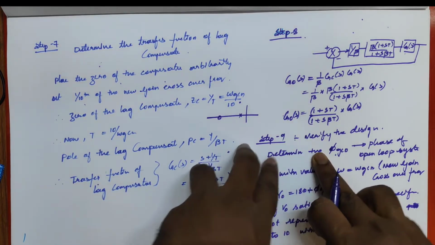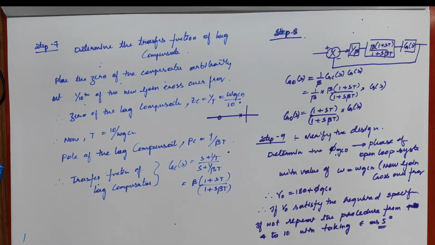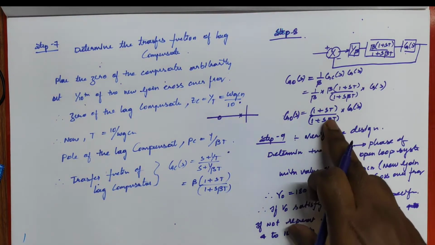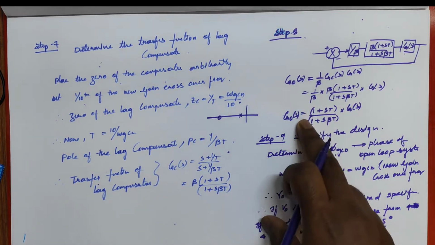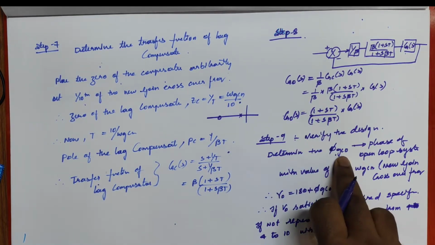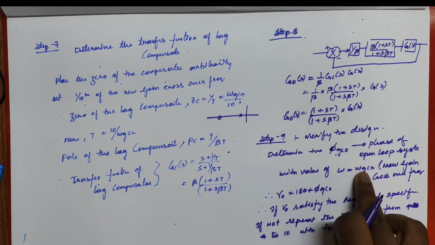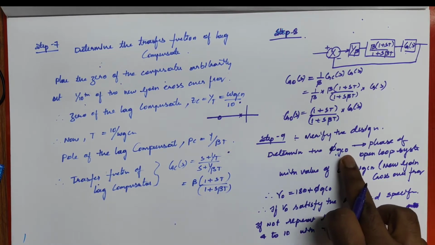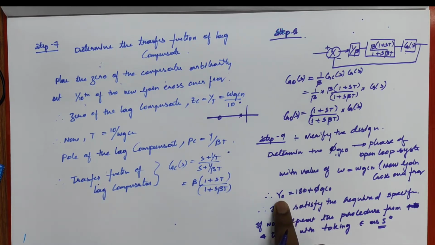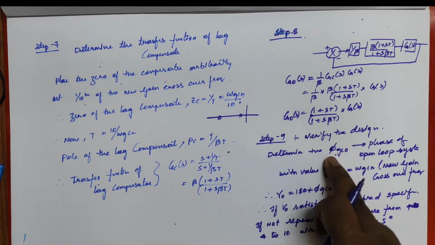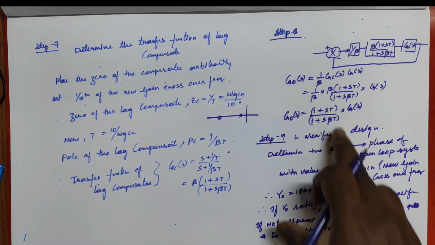Here, without drawing an additional Bode plot, a simple method is that we find the phase of this. Substituting omega equal to the gain crossover frequency, we'll get the phase value. For this phase value, we'll get the new phase margin from the obtained open loop phase of the system.